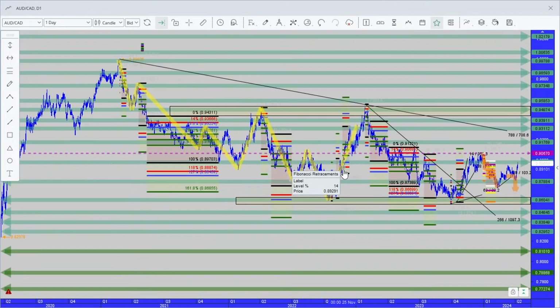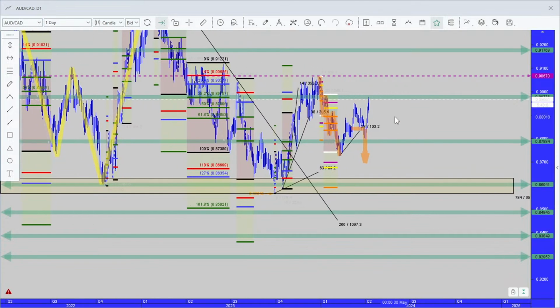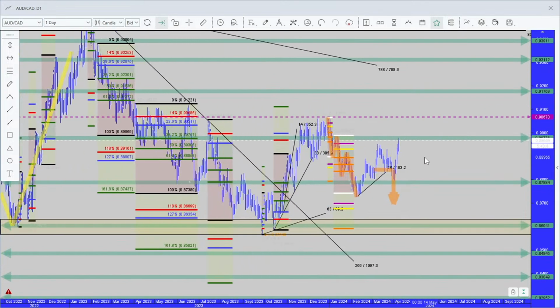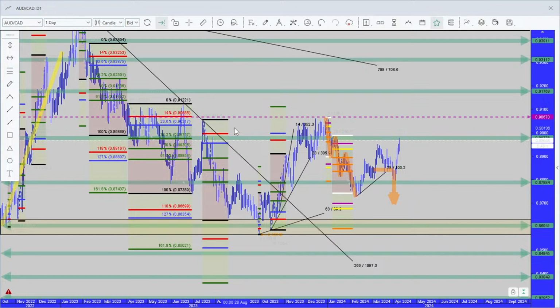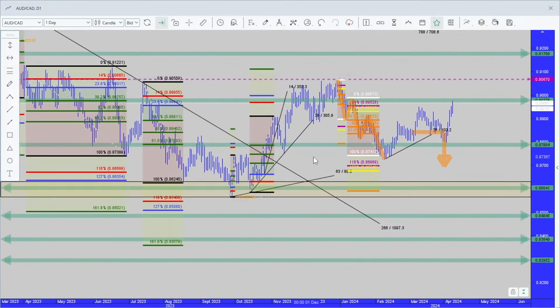Up and down, up and down, up and down, down, down, breaking highs, breaking lows. Not the easiest pair on the daily chart, but the market broke here. So yes, the last one, it's up.